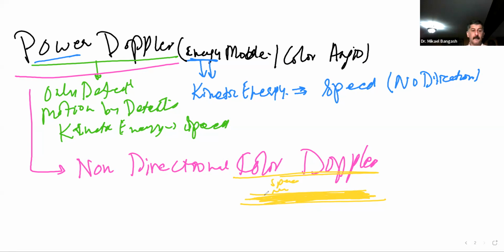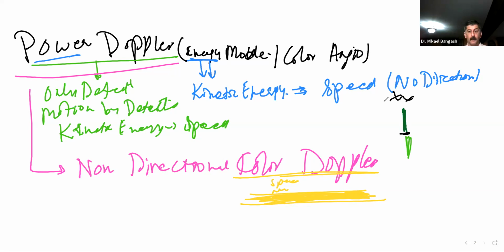Did that make sense? But the color maps that we have here are not going to be the traditional color maps that we have had. You can see positive and negative Dopplers. That is not going to be the color map that we will have here.